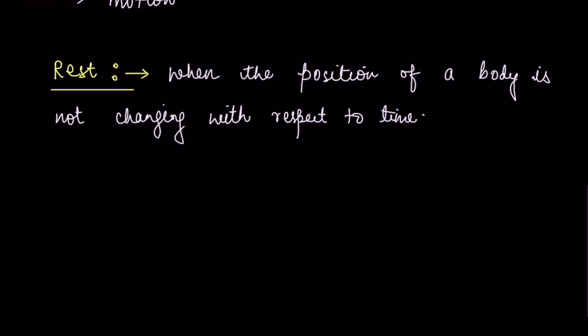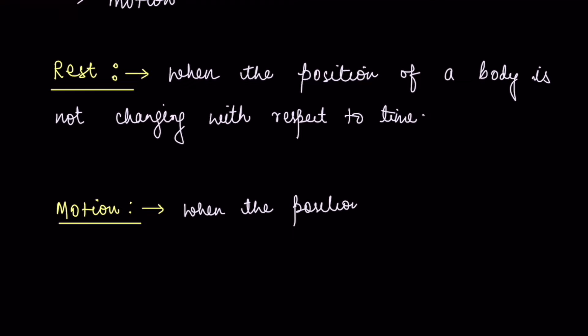And how can we define motion? Motion is defined as when the position of a body changes with respect to time.